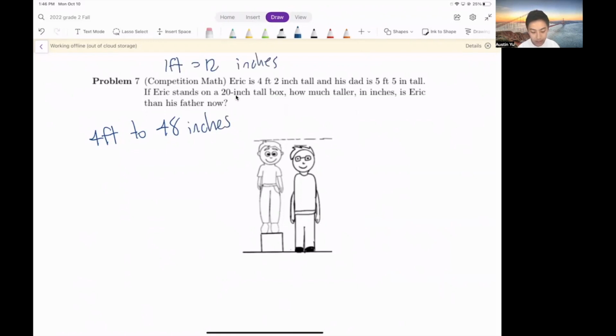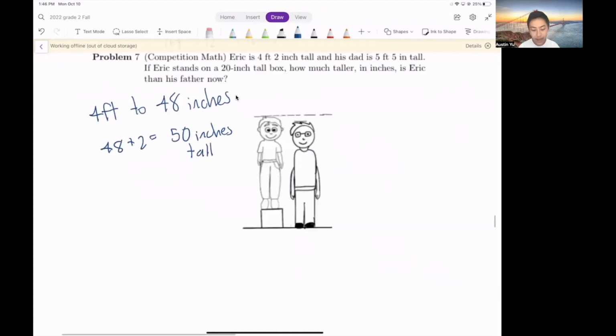So Eric is 48 inches plus 2 inches equals 50 inches tall. And then his dad is 5 feet, so that converts to 60 inches plus 5 inches, which is 65 inches tall.